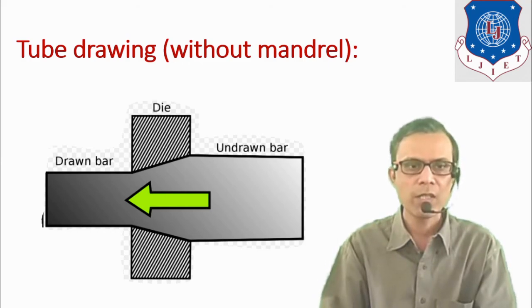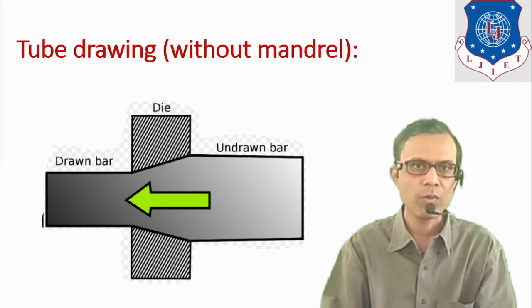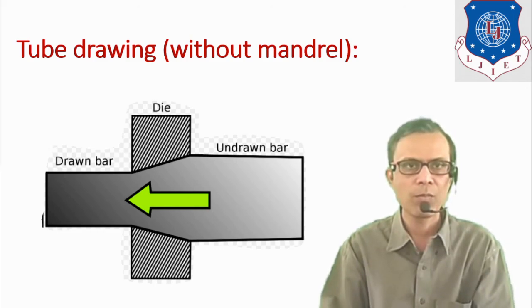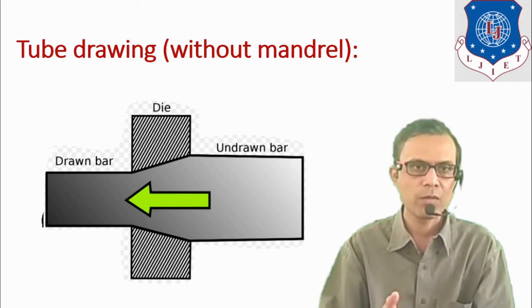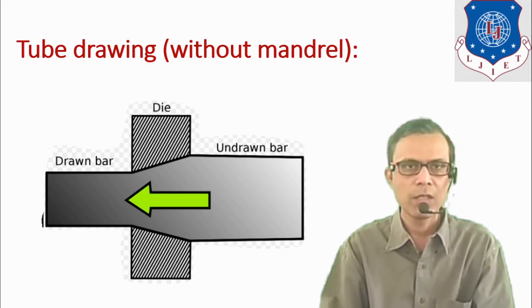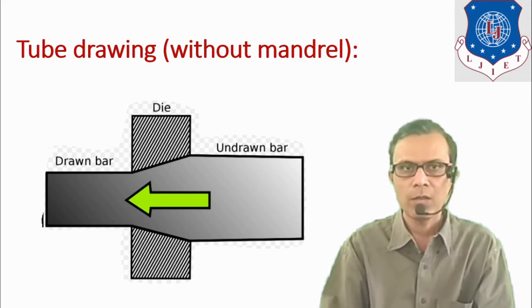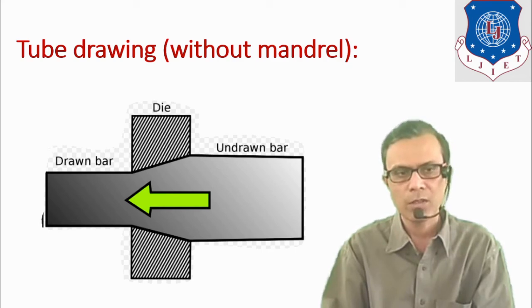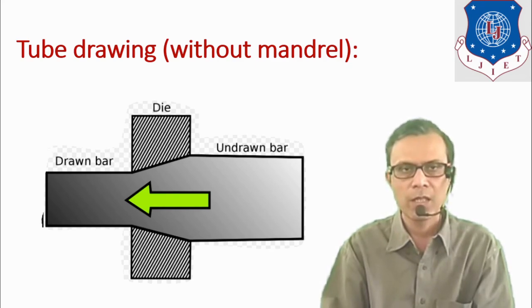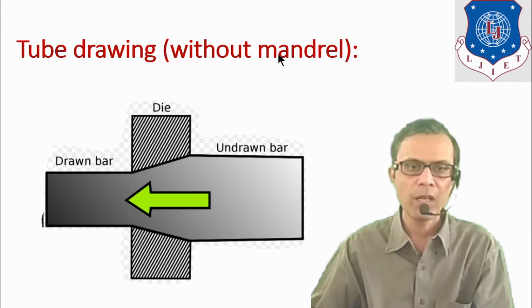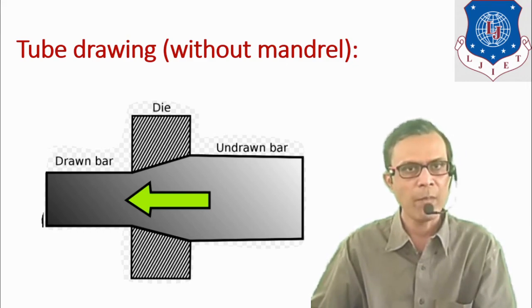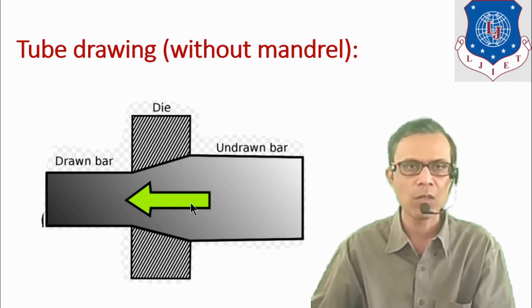Now next process is the tube drawing process. The tube which is already produced by the extrusion process is used for further reduction in cross section in the tube drawing process. Tube drawing can be used without a mandrel, or it can also use a mandrel. This process is without a mandrel.